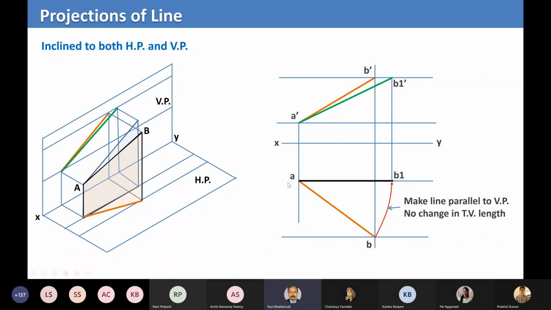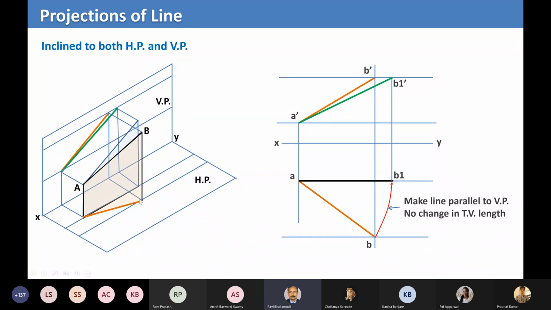Did I say four projectors? Line AB is known, line A dash B dash is known. I have drawn a projector parallel to the XY line through A, through B, through A dash and B dash. If I didn't say that, I'm just adding that now. Then I take a compass and draw this arc from B to B1, and use that to project to B dash, B1 dash.